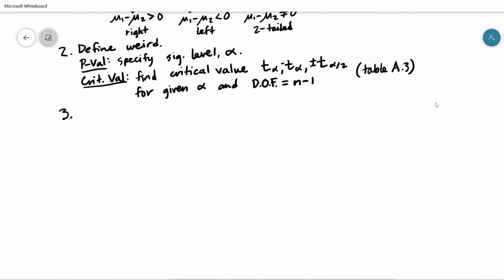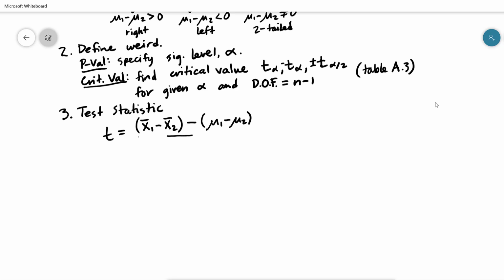This third step is the main difference. It's where we compute the test statistic, but this formula looks different from the test statistics that we've done before. So it's a t-score. I'm going to write it out and then we'll take a look at how this compares to the other ones that we've done. So it's going to be x1 bar minus x2 bar. From that, I'm going to put that in parentheses, subtract from that the difference in the means, mu1 minus mu2.